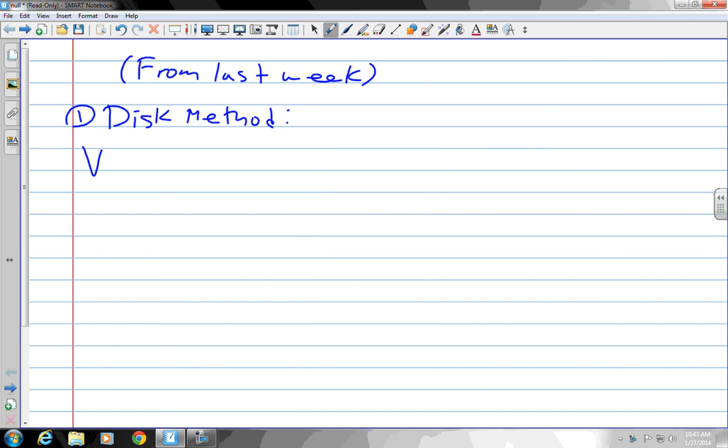which was basically the volume is given by the formula pi integral from a to b f of x squared dx, or pi integral from c to d f of y squared dy, right?